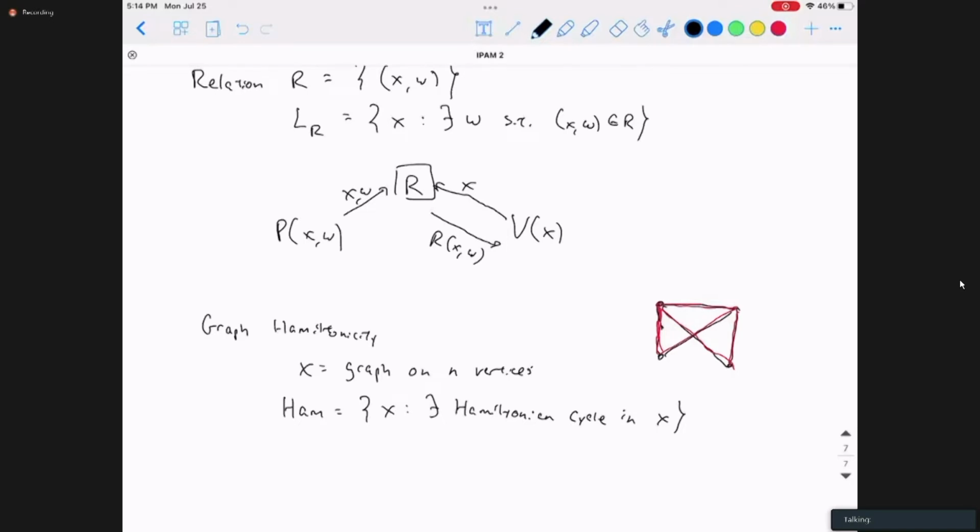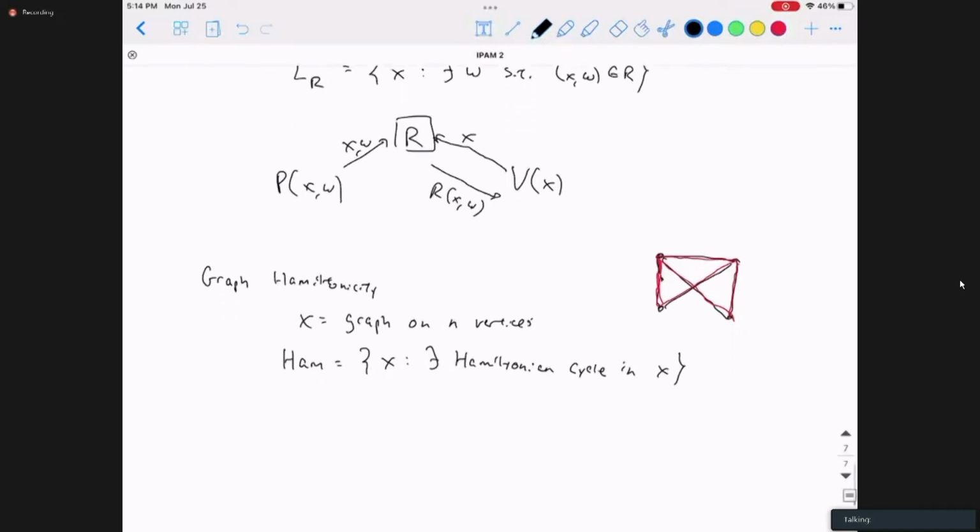But it does reveal the fact that there is a valid witness that the graph X contains a Hamiltonian cycle, and therefore it does reveal the fact that this graph has a Hamiltonian cycle, right? Because again, in the ideal world, the functionality never produces the wrong output, and so if it sends a bit 1 to the verifier, then there must have been some valid W that the prover sent to R to make it spit back 1 to the verifier.